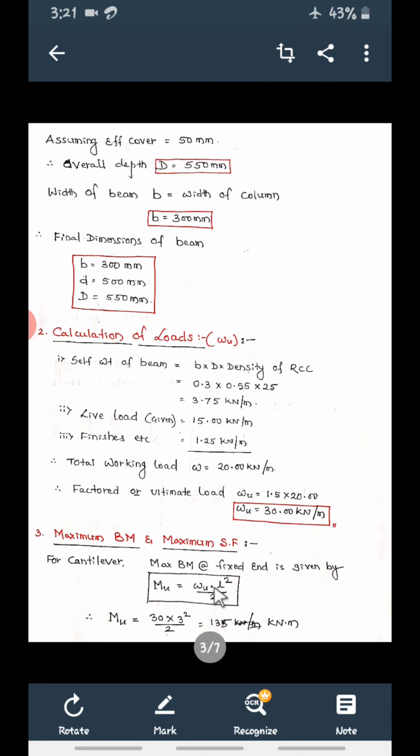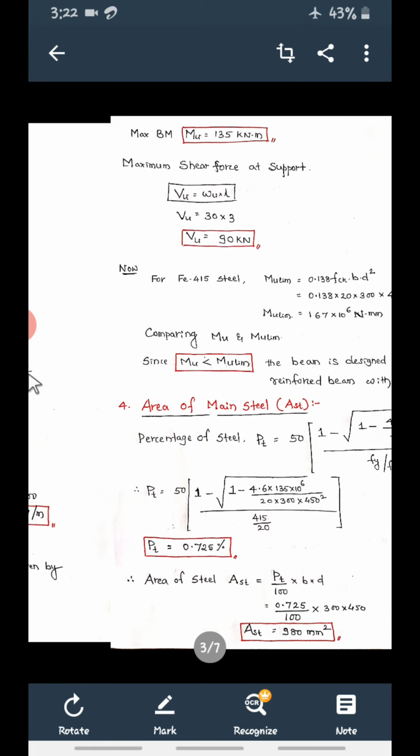Don't take WL square by 8; if it is simply supported, it is WL square by 8, but if it is a cantilever beam, the maximum bending moment at the support is equal to WL square by 2. So W is 30 into L, span 3, square, divided by 2. So it is 135 kilonewton meter.